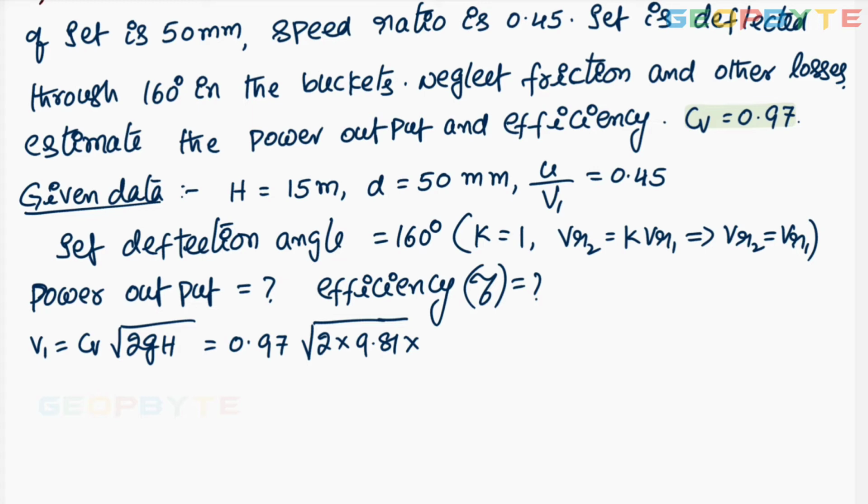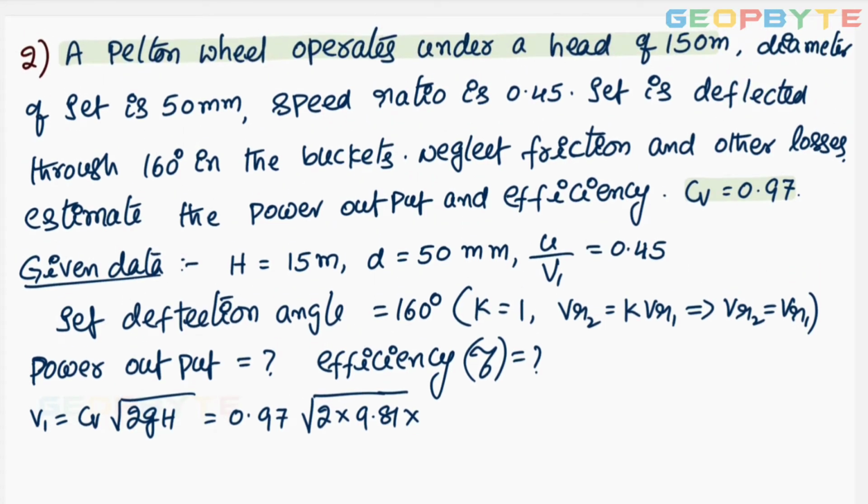Head available at inlet of turbine is 150 meters. Simplify this value for getting V1, 52.62 meters per second.